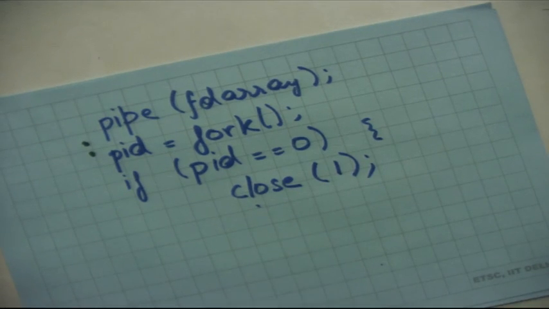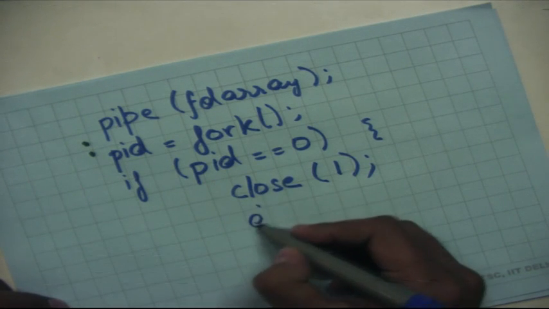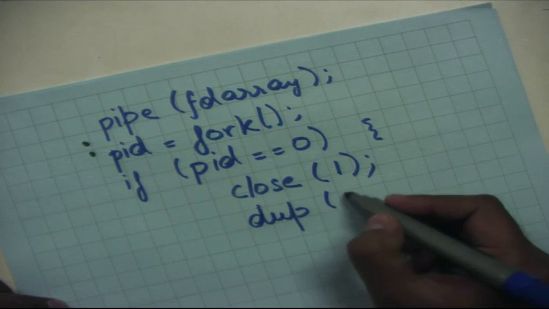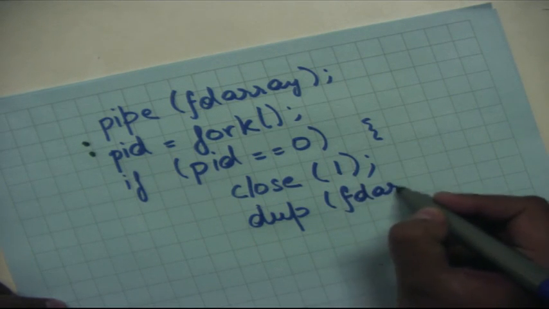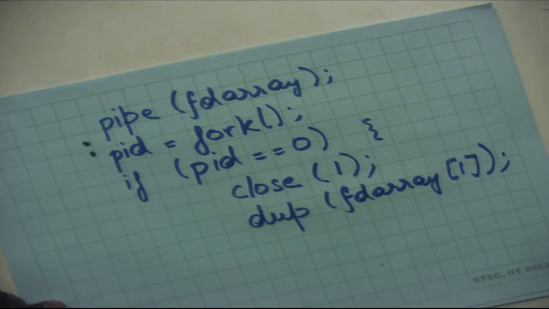I want to connect the standard output of my child to the standard input of some other process, right? So I'm going to close the current standard output of the child, and I'm going to call dup on FD array 1. What it's going to do is copy the file descriptor value, the pointer in FD array 1, to standard output.